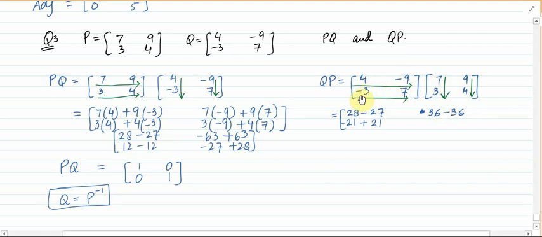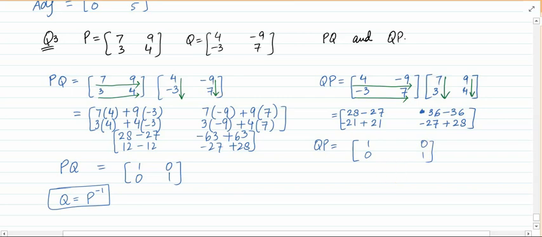Similarly, negative 3 multiplies with 9, it will be negative 27, plus 7 4s are 28. Further simplification: 28 minus 27 is 1, 21 and 21 cancel out, 36 and 36 cancel out, 27 and 28 gives 1. So like question number 2, part 2, QP is 1 0 0 1.